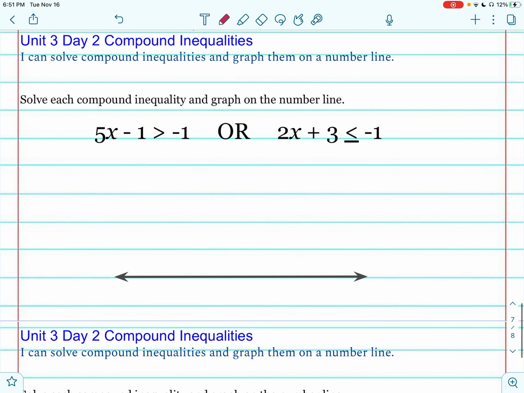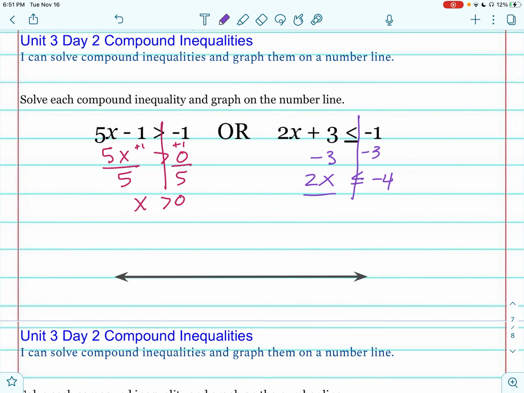For an or statement, okay, I'm going to draw my line. 5x, add 1, greater than 0. If I divide by 5, I get x greater than 0. Draw my line. 2x less than or equal to -4. Divide by 2.